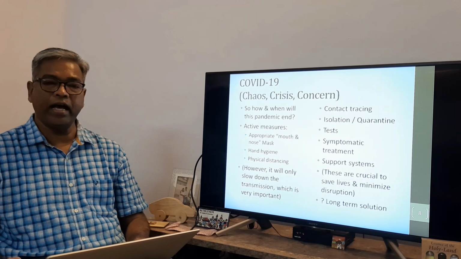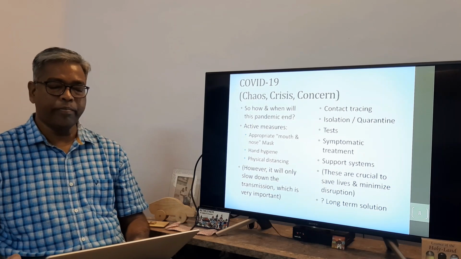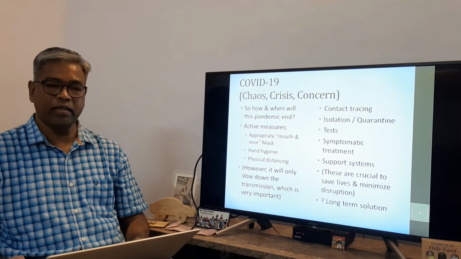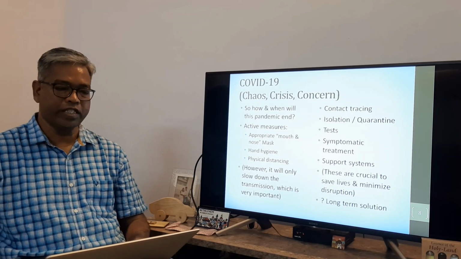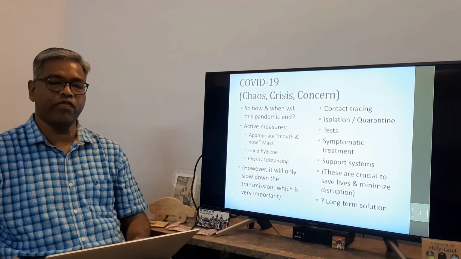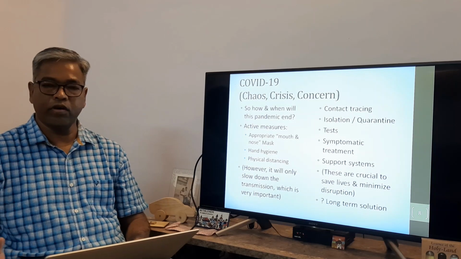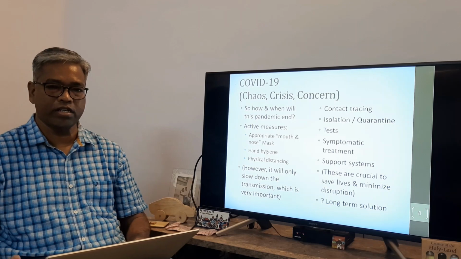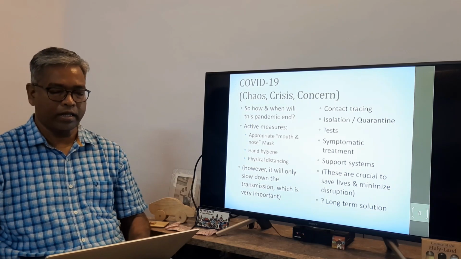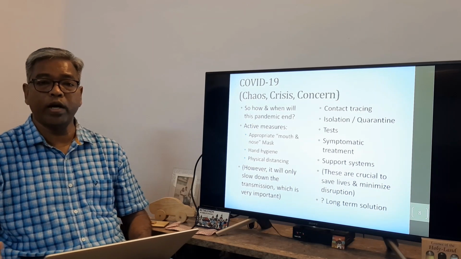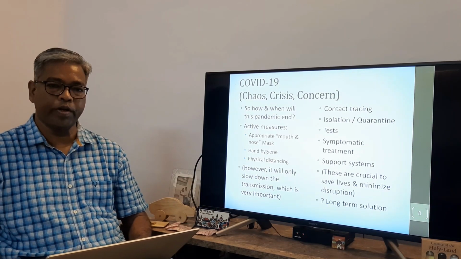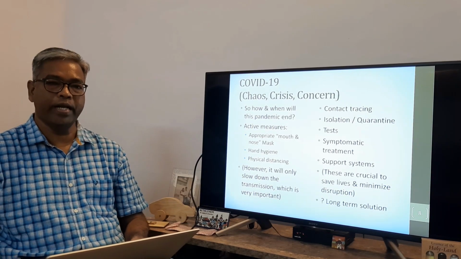And then hand hygiene has to be there, and the best washing is with lots of soap and water. They have been advertising on TV that you should wash your hands for at least 20 seconds. And of course, you have sanitizers, which is good. Where you can't repeatedly wash your hands with soap and water, sanitizers play a role.